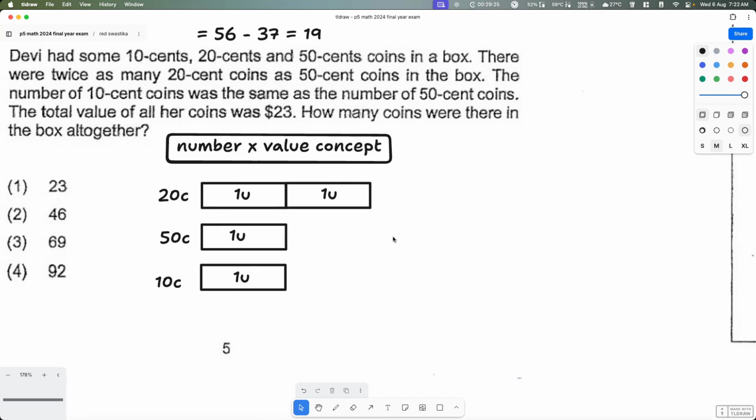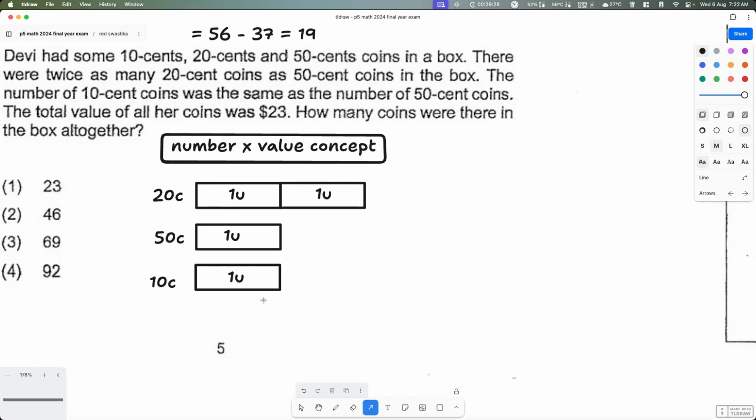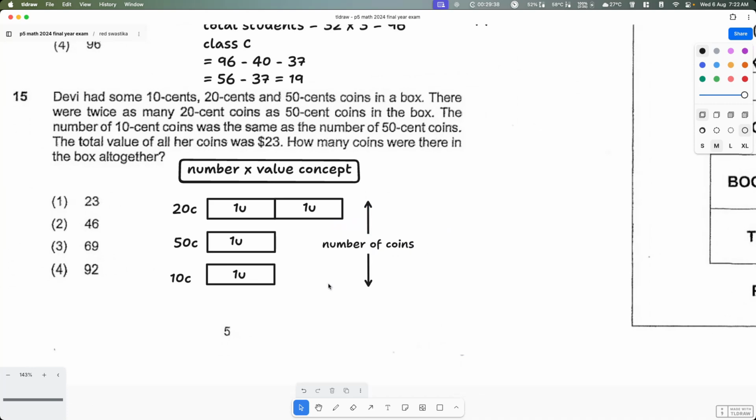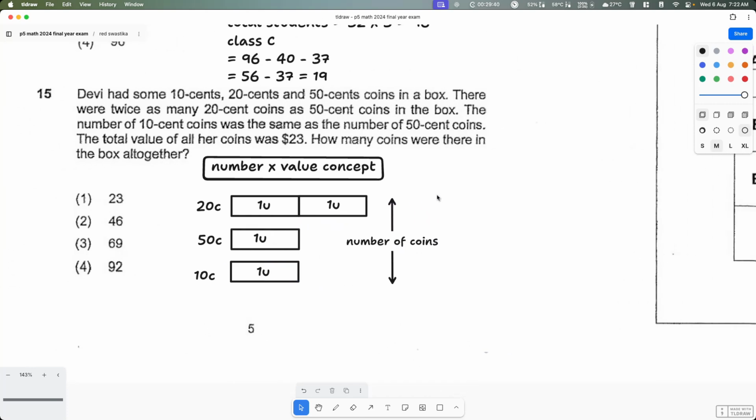So this is the number of coins. We need to know that this is the number of coins, not the value. So in this case, we can just multiply. How we do that is, let 1u be the number of coins.